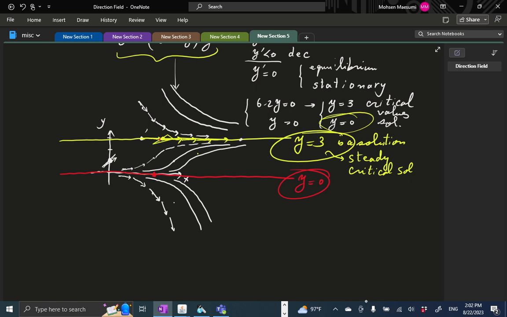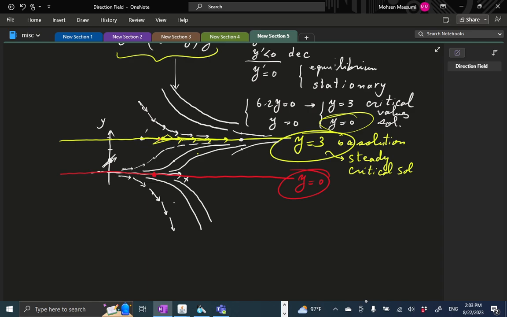So if I have this yellow solution here, if I go a little bit above or below it and track the solution that passed through this location, I see that my solution comes back to the yellow point. If I'm down here and I track this solution, that also comes close to that yellow equilibrium solution.